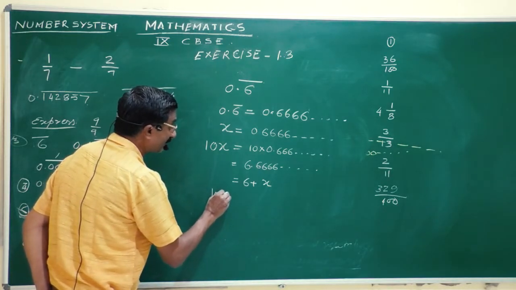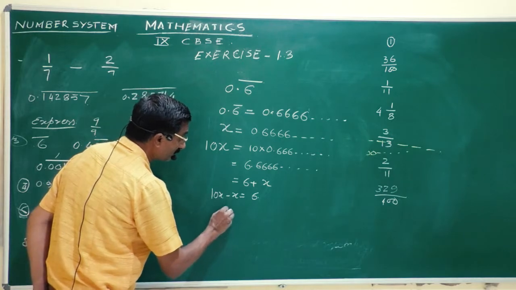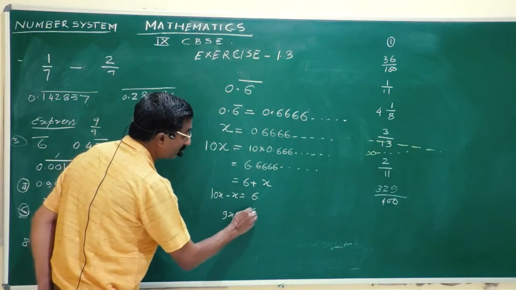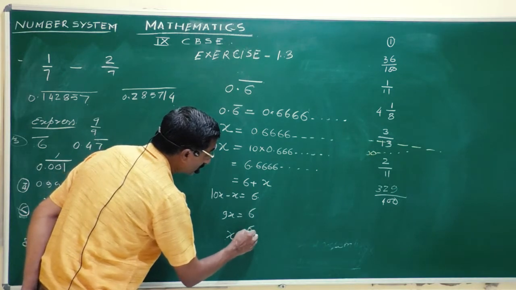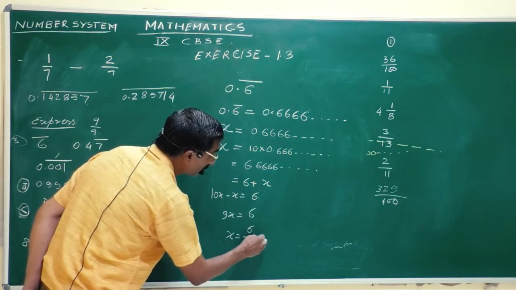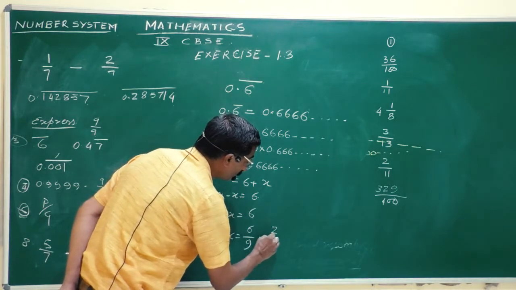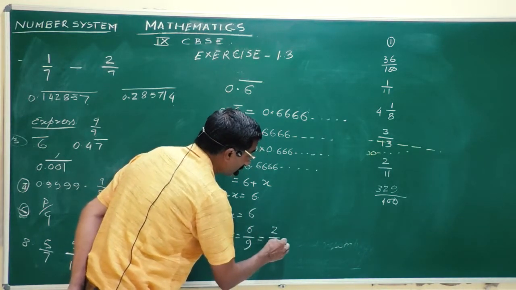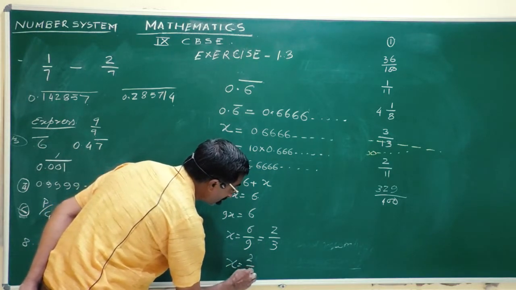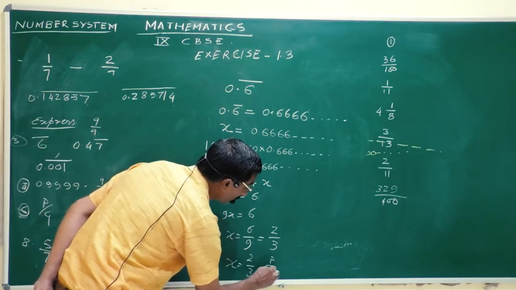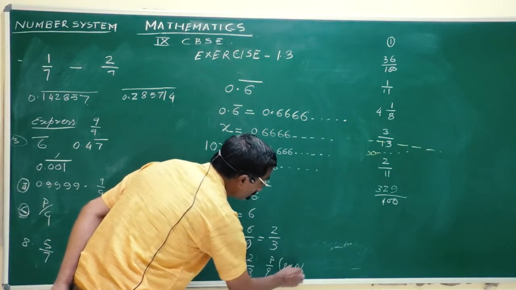So 10x minus x is equal to 6, so 9x is equal to 6. So x is equal to 6 upon 9, which we can write as 2 by 3. So x is equal to 2 by 3, that is in the form of P by Q, where Q is not equal to 0.